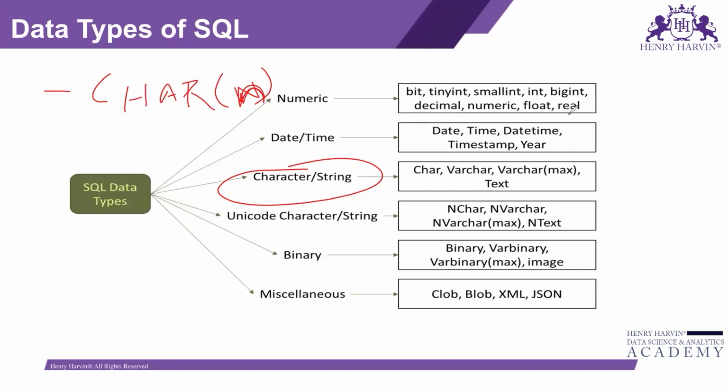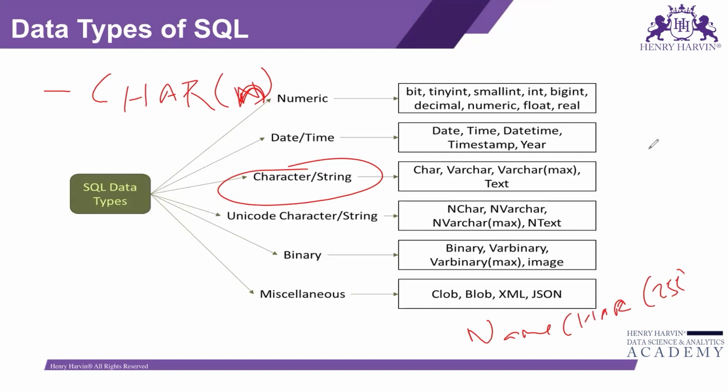So we have to specify the number. For example, if you're giving a name, which is a character, you'll represent name as a character of maybe a length of 255. So that's what the n stands for.